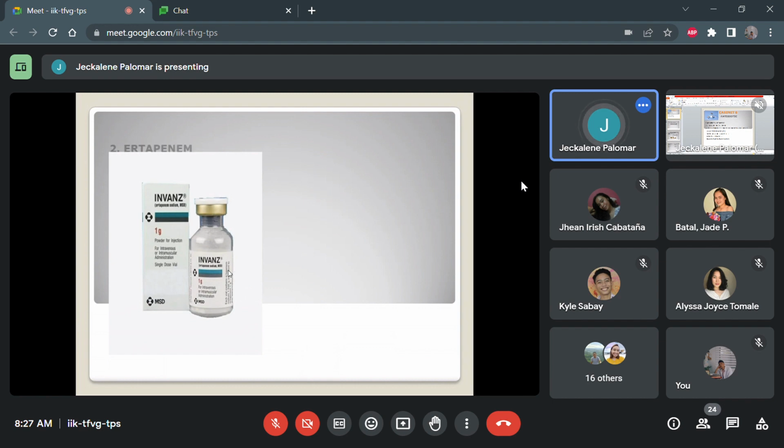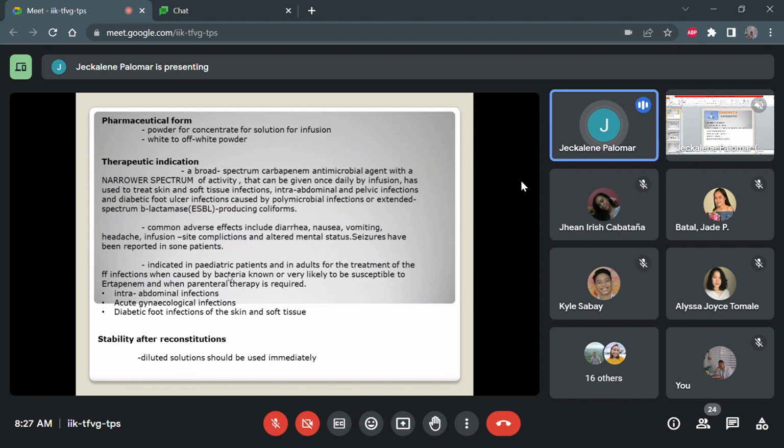So number 2 is ertapenem. Invanz is the brand name available in the pharmacy. It is a powder for concentrate for solution for infusion. It is a white powder.